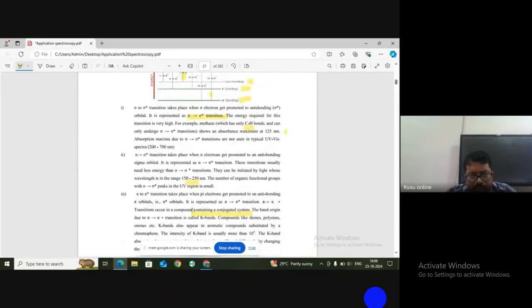Next, the pi to pi star transition occurs in compounds containing a conjugated system, such as dienes, polyenes, and enones.